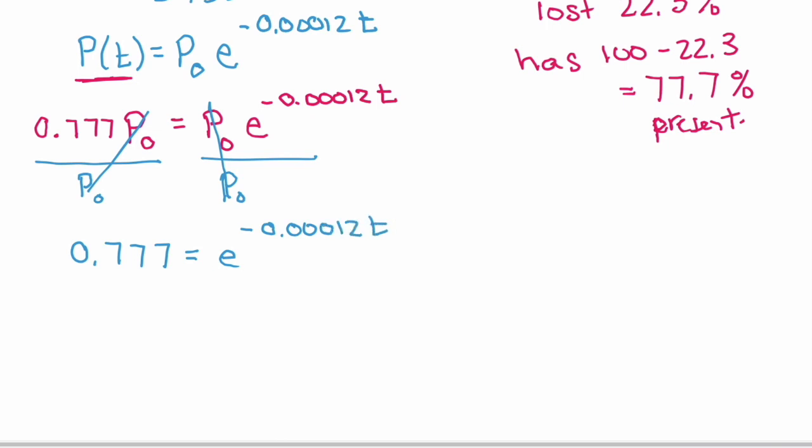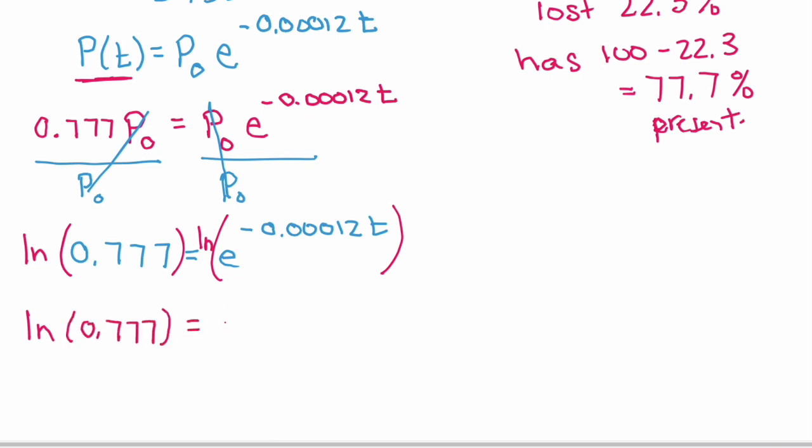Since we have e to a power, if we take the natural log of both sides, that'll leave us with just that exponent on the right. So the left is the natural log of 0.777. On the right, that's equal to negative 0.00012t.